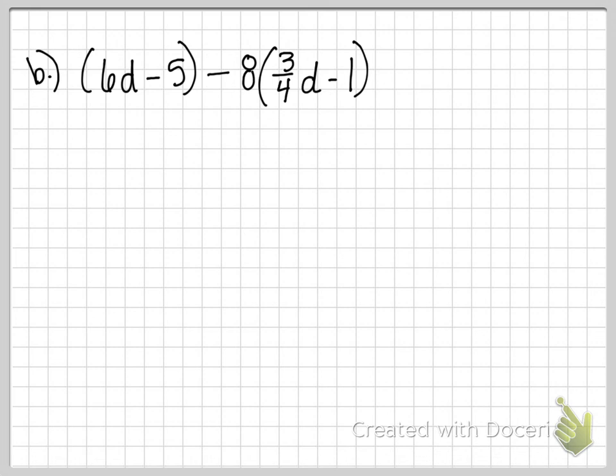But here's what I want to do. We're going to take this as a negative 8 and distribute it into both of these terms. The first expression is going to stay exactly the same, 6d minus 5. We'll take it out of its parentheses. And then we need to distribute in the negative 8 in order to figure out how to combine these like terms, because we can't combine them until we distribute.